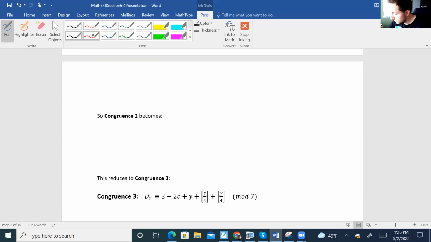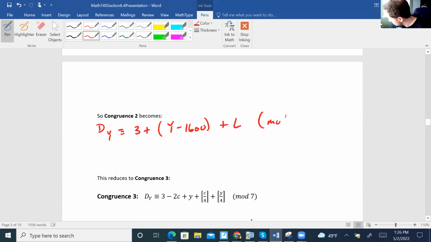So congruence 2, if you look back at congruence 2, this would turn into d sub y is congruent to 3 plus, we would get y minus 1600. This was the original, and then I'll substitute in mod 7.